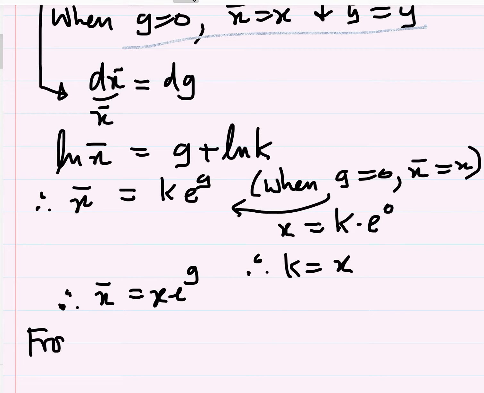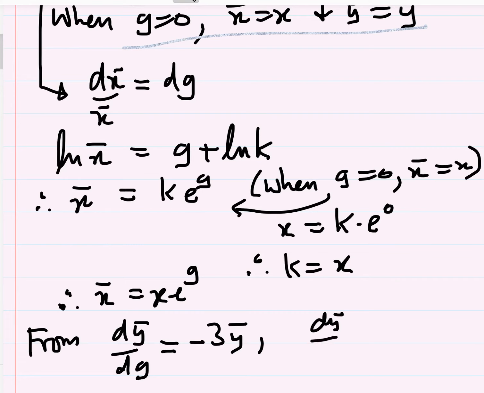From the second case, which is dy bar by dg equals minus 3y bar, we can do again a variable separable thing. We get dy bar over y bar equals minus 3 dg.